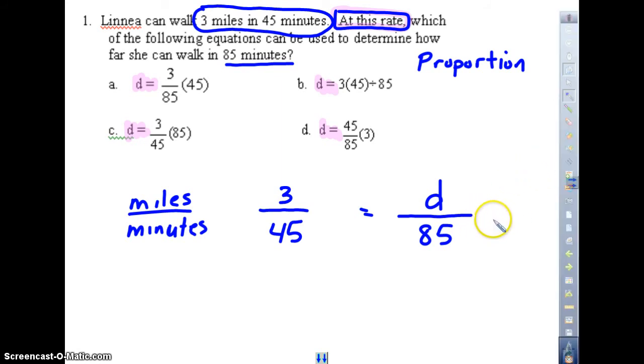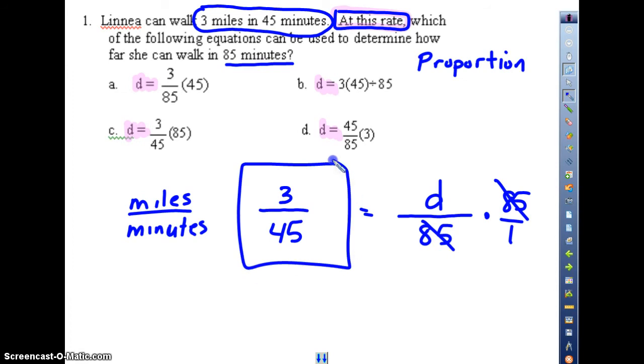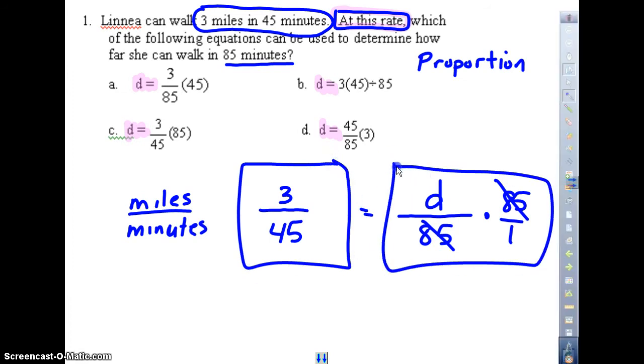What undoes division? Multiplication. If I multiply by 85 over here, oh no, I'm going to make it 85 over 1. If I multiplied these two fractions together, tops times tops, bottoms times bottoms, won't these two cancel each other out? But since it's an equation, it says what you have over here is the same as what you have over here.